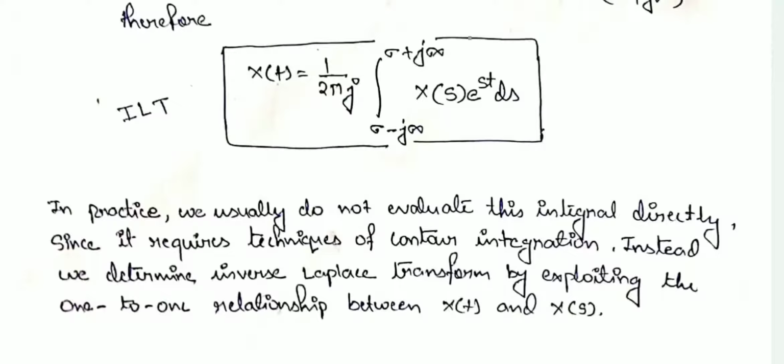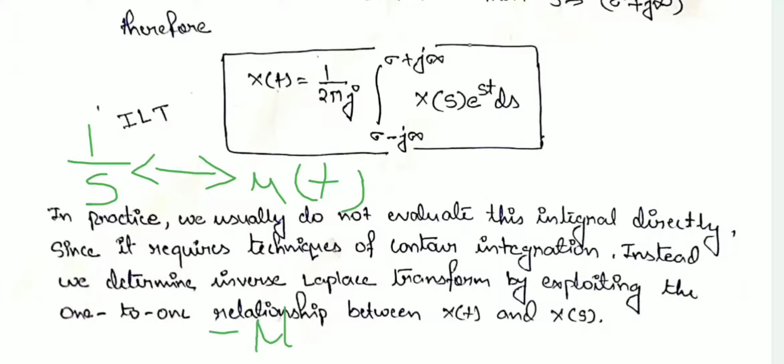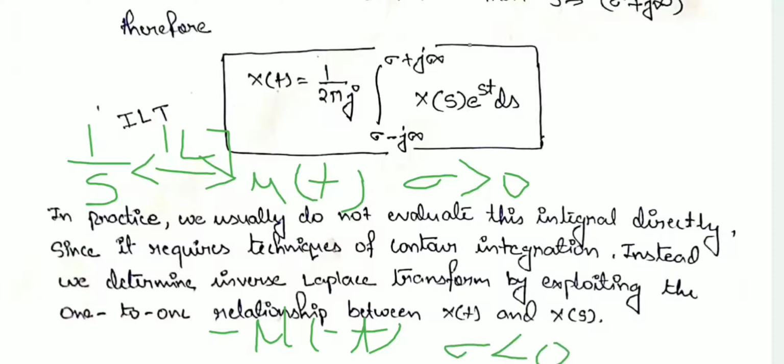Let's suppose the question asks for 1 upon s. We know it is the Laplace transform of u(t) or minus u(minus t). The inverse Laplace transform of 1 upon s is u(t) when sigma is greater than 0, and minus u(minus t) when sigma is less than 0.